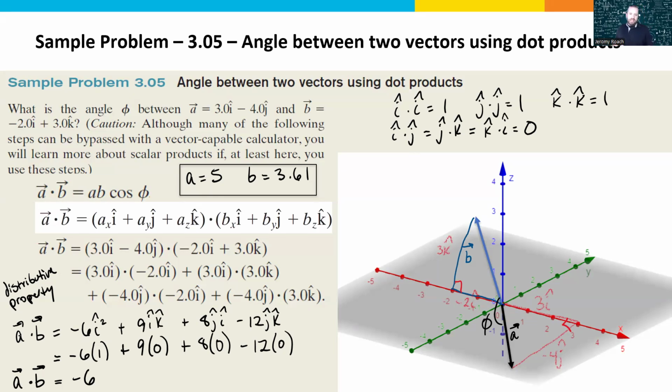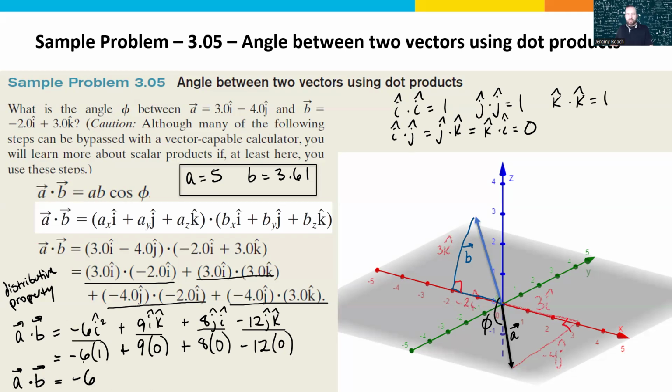So A dot B, now after we expand all of this, so we have 1, 2, 3, 4 parts. First part's negative 6 I hat squared. Second one's 9 I hat K hat. Third one is 8 J hat I hat. Fourth one is negative 12 J hat K hat. Now our rule is 2 of the same variables multiplied equals 1.